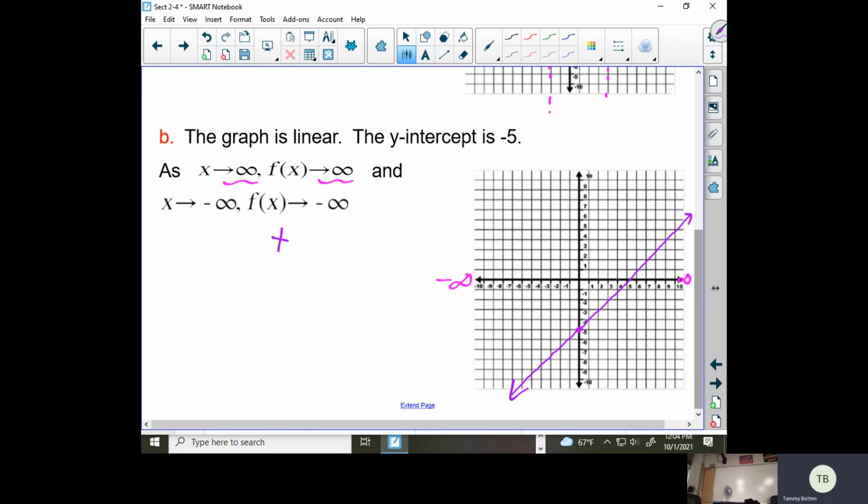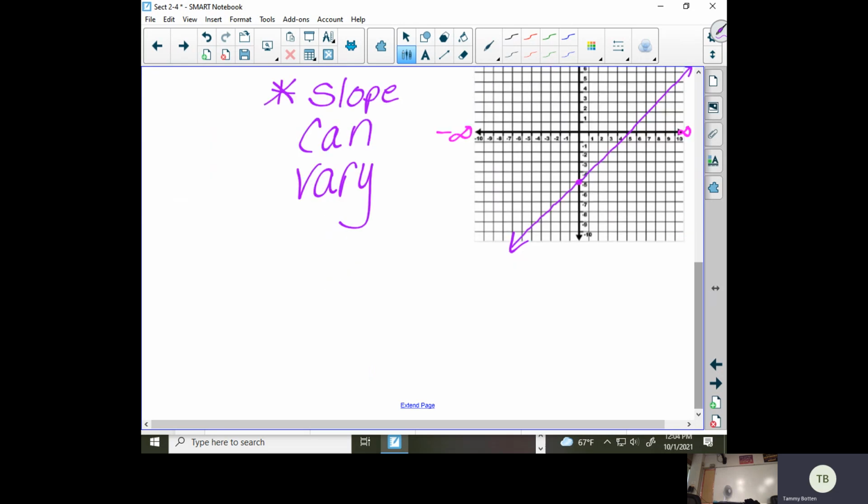So the key for this is the slope can vary, but it has to be positive. It has to be going up from left to right. Questions on that at all?